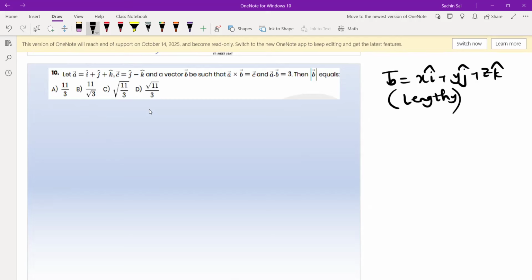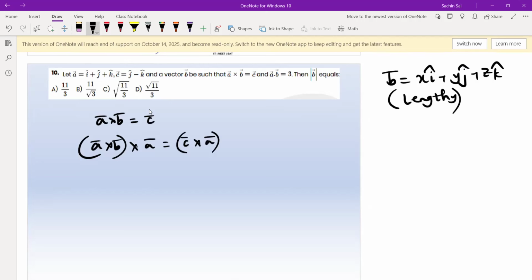So a cross b is c bar and a dot b is given. A dot b is 3. So I have a cross b equals c. And c is also given, right? Now, what I can do is I can take cross product with A on both sides. That is because I know what C cross A is going to be. I have information about C. I have information about A. If I take cross product with respect to A on both sides, two things are solved.